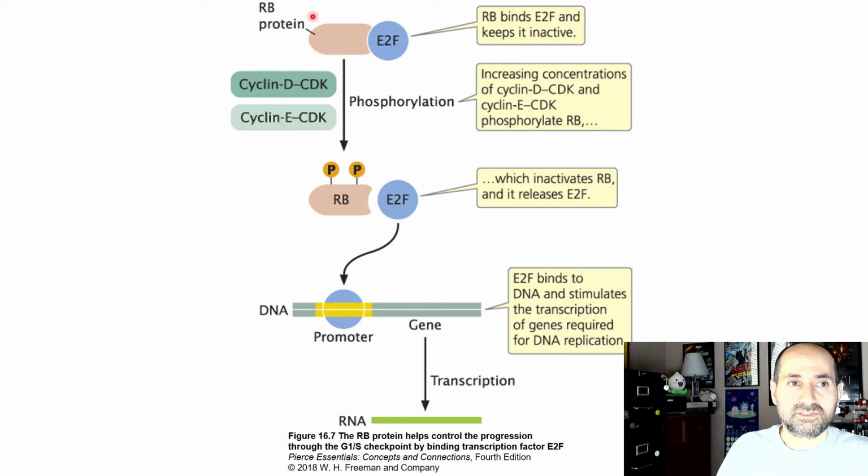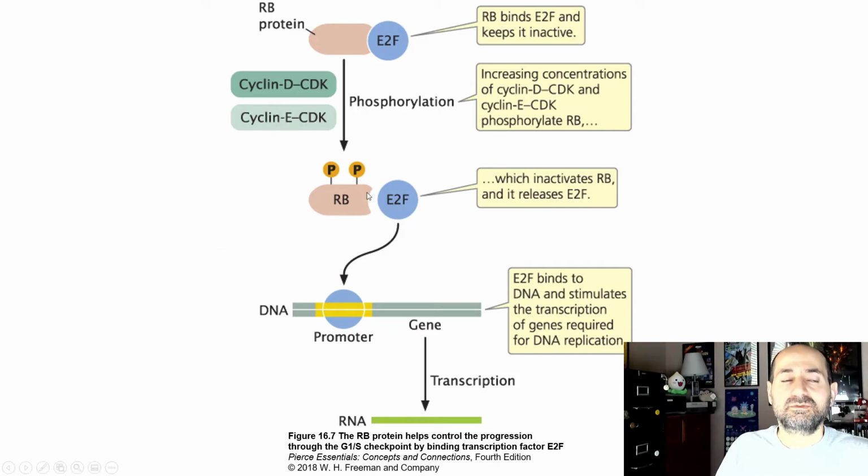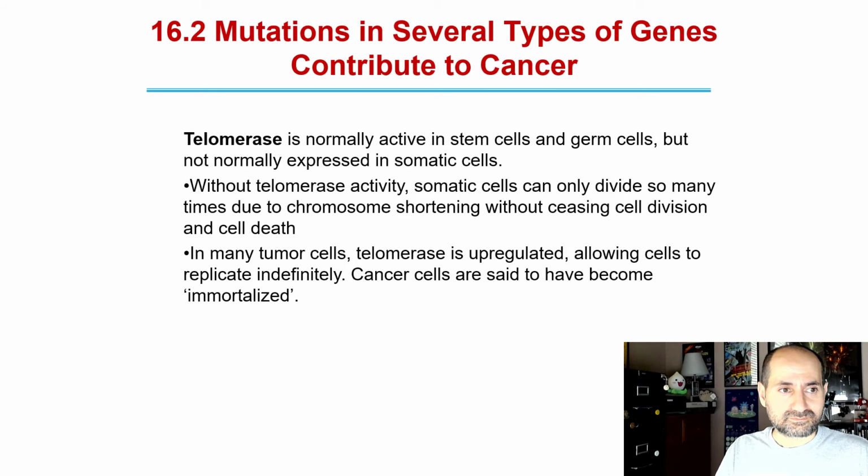The retinoblastoma gene would be a tumor suppressor because you'd need to knock out both of the alleles in order to allow E2F to constantly promote DNA replication. You don't need to know this in great detail, but I just wanted to give you an example of how this might work in cancer, right? How mutating some of these important genes might lead to overstimulation of cell proliferation.